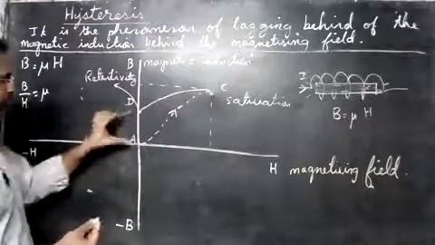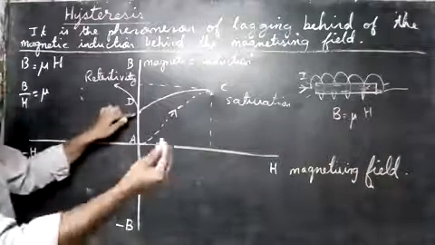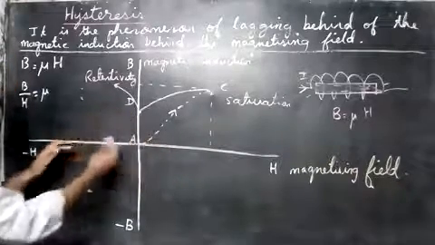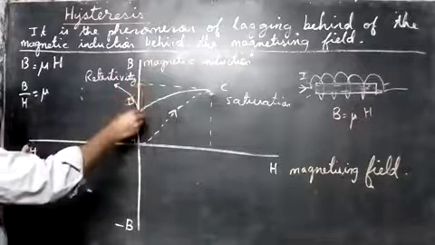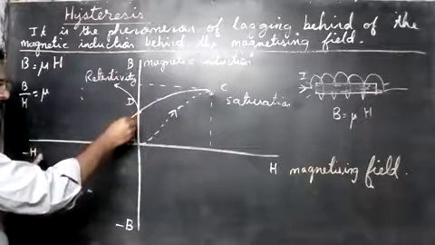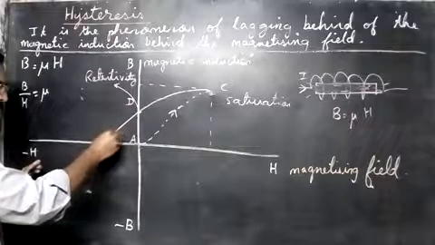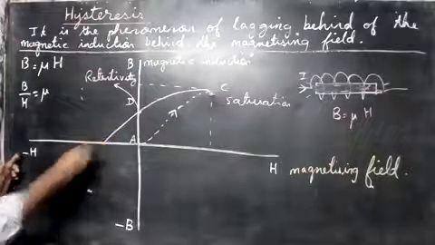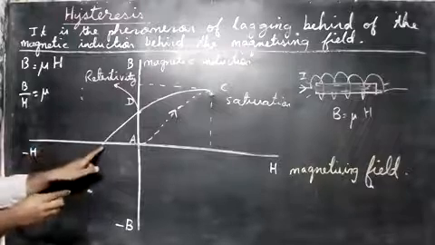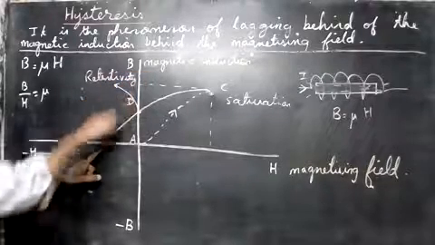Then again we increase the magnetizing field in the negative direction. We want to take away all the magnetic induction also. So we increase the magnetizing field in the negative direction, like this way. At this point, the magnetic induction becomes 0.